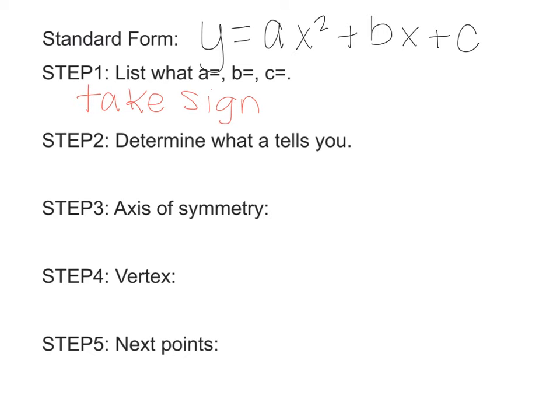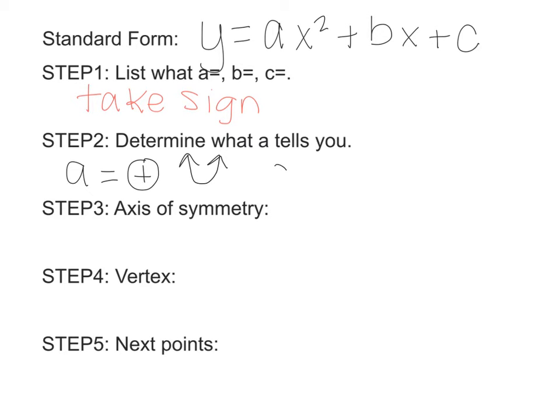And then let's talk about what a tells you. A is the number, not the variable, just the number in front of x squared. So a is this right here. This is a. And a tells you one of two things. If our a value is a positive number, the graph is going to be facing right side up.